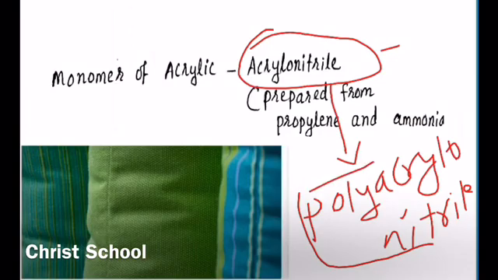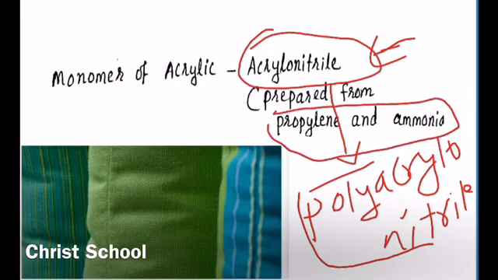So for the preparation of the monomer, for the polymerization, which chemicals do we need? We need propylene and ammonia. In the previous case, in the case of polyester, we needed acid and alcohol. Here you have to get what? Propylene and ammonia. So these are the two chemicals which we need for the preparation of monomers. During the polymerization step, we have to combine two chemicals, propylene and ammonia.